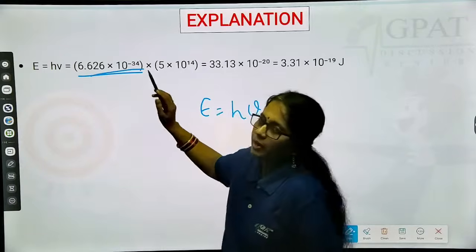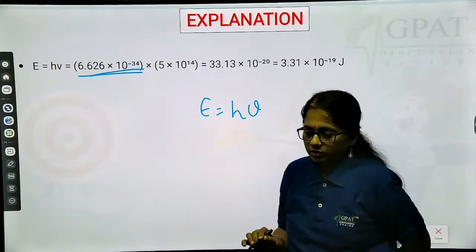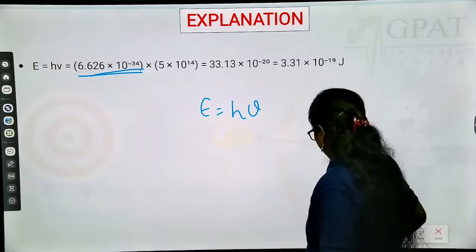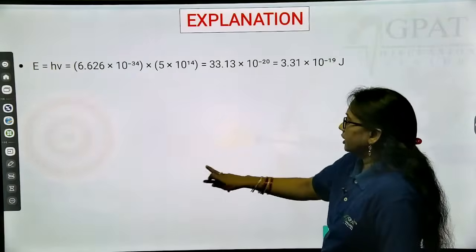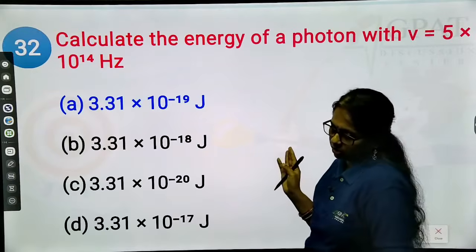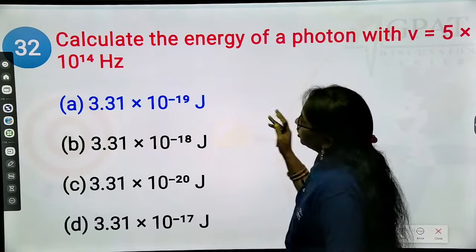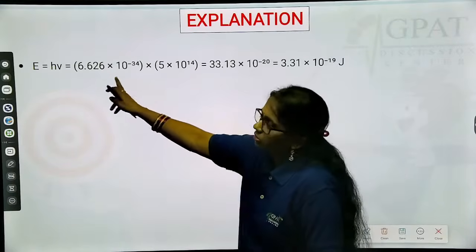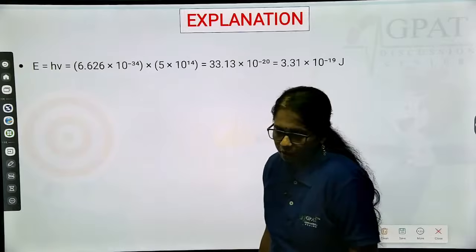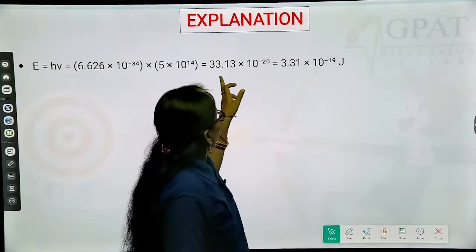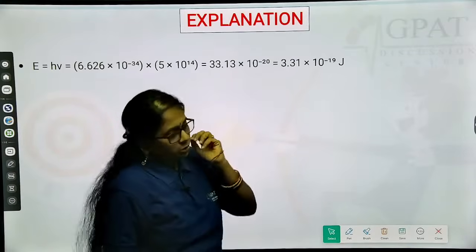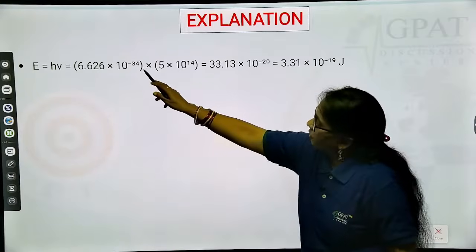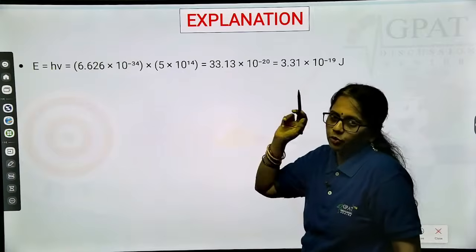If you know the exact value of the Planck's constant, then only you can calculate this. It is just simple multiplication, but unless you know the Planck's constant, you cannot do this. 5 into 10 to the power of 14 hertz into the Planck's constant value, you are going to get 33.13 into 10 to the power of minus 20, because this is minus 34 and this is plus 14.